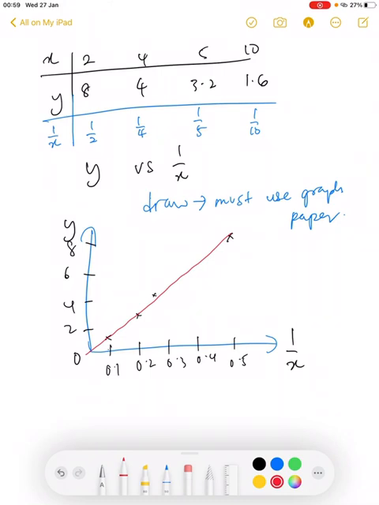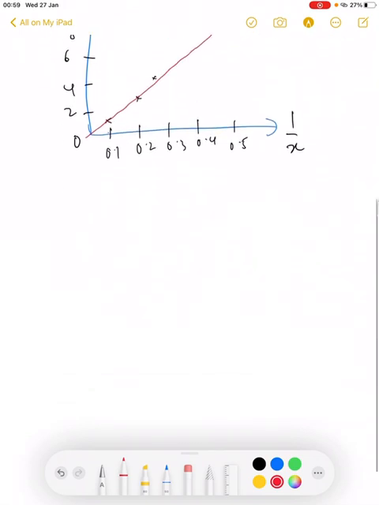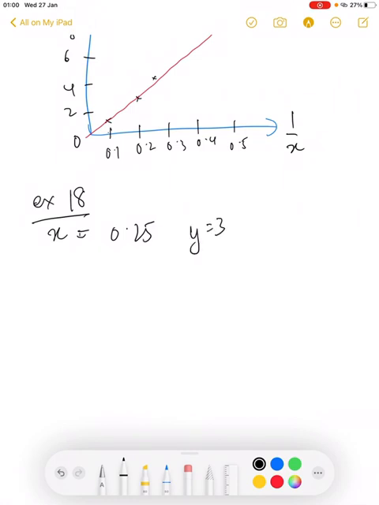Okay, example 18. x equals 0.25 when y equals 3. Y in terms of x, where y varies inversely as x.